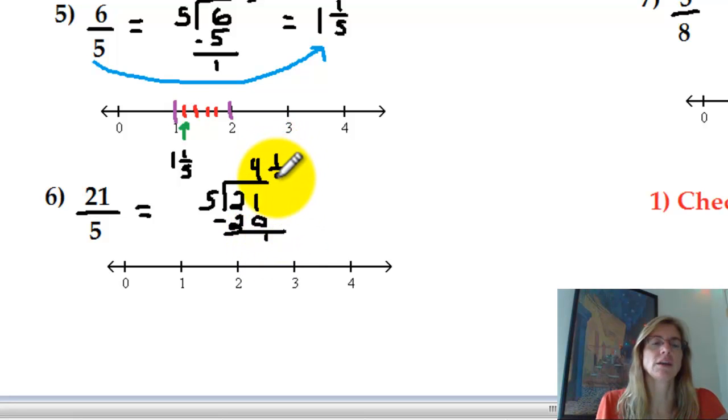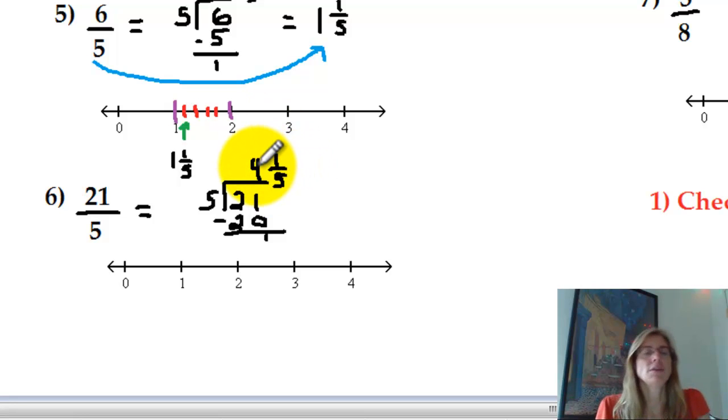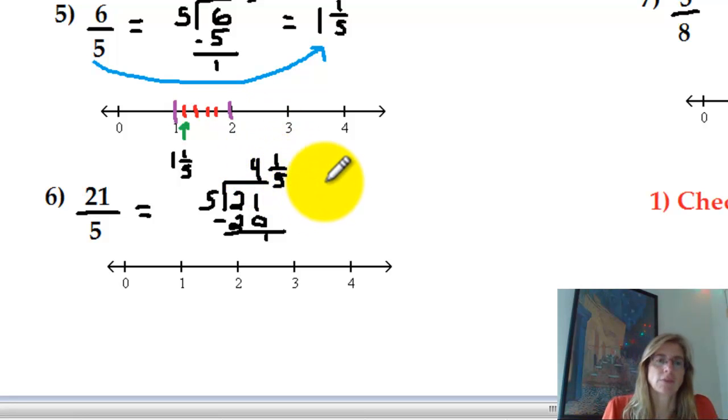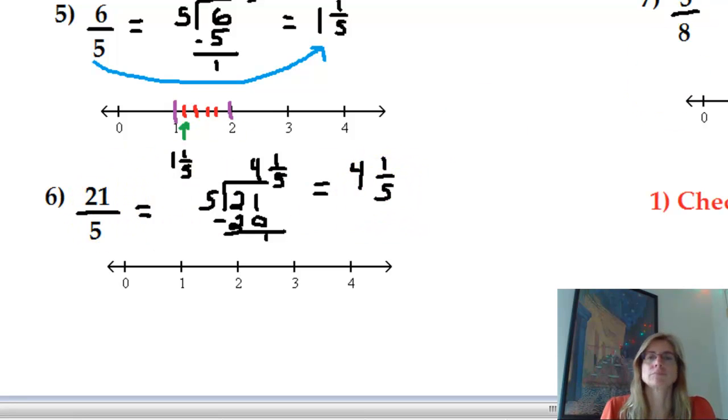So once again, we're going to have to go 1/5 beyond the number 4. So let me write that clearly. 4 and 1/5. That's what this improper fraction equals, 4 and 1/5.